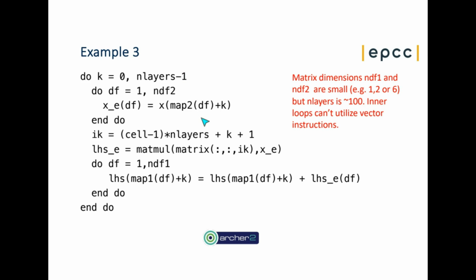But that would give me bad stride, because the IK index here is just linear in K. At the moment, the accesses into this matrix array are nice and cache friendly. If I do it the other way around, they are less so.